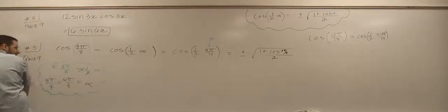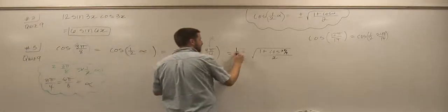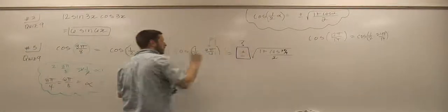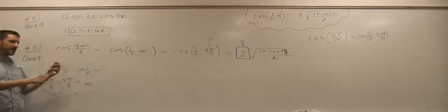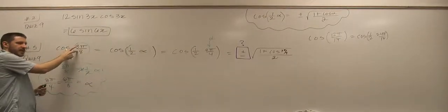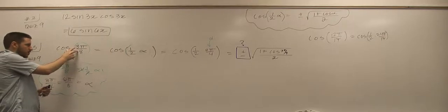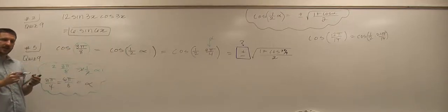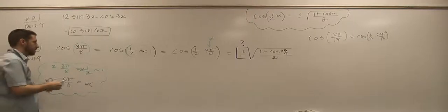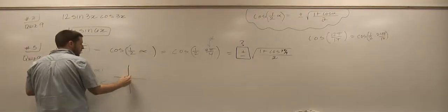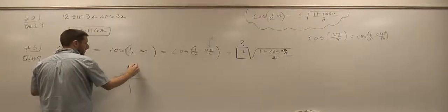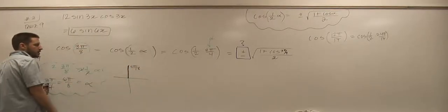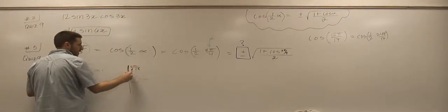Let's go ahead and decide this plus or minus out front. What does this depend on? The original angle, right? Because at the end of the day, I'm trying to find cosine of 3 pi over 8. Right? And 3 pi over 8 is in which quadrant? The first quadrant. How do you know that? It's less than half the... Yeah, 4 pi over 8 would be right here. Right? Because 4 pi over 8 is pi over 2. So 3 pi over 8 is a little bit less.